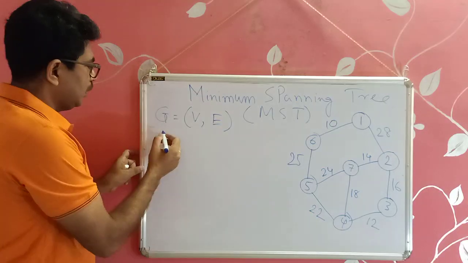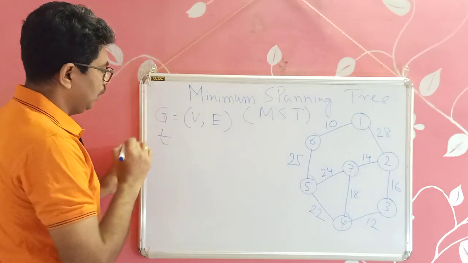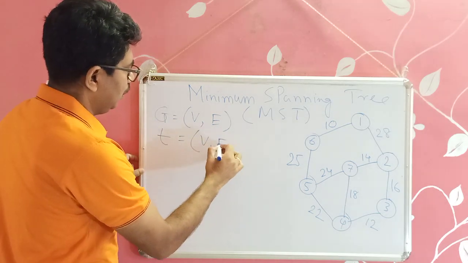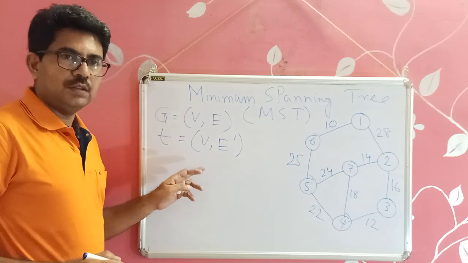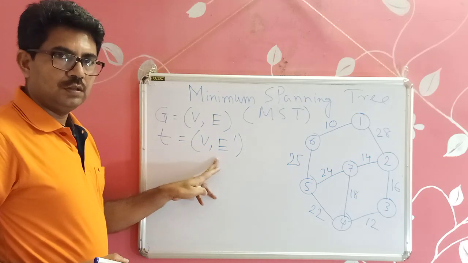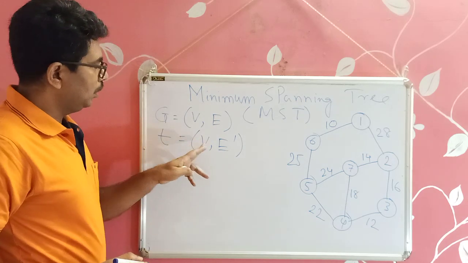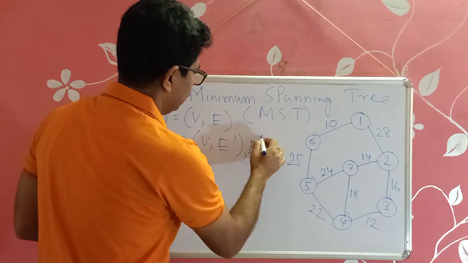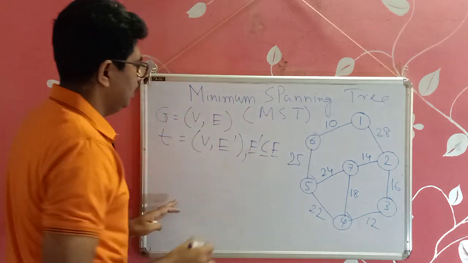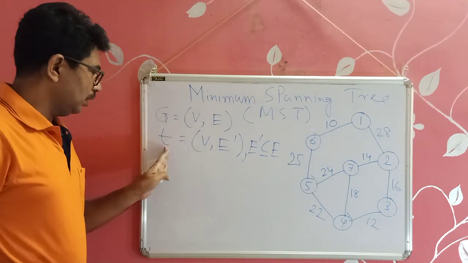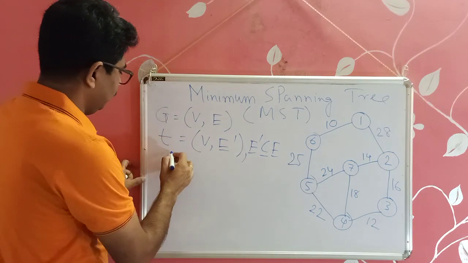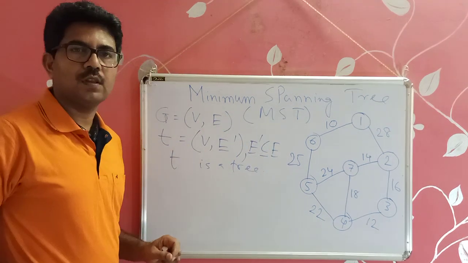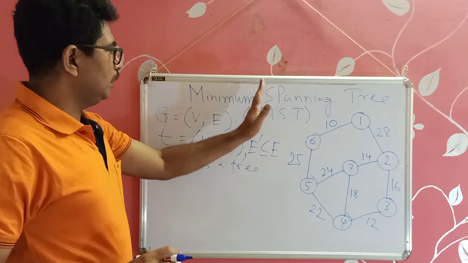Next, we say that T equals (V, E') is a spanning tree, where E' is a subset of E, if and only if T is a tree. Got it? So what is a spanning tree?